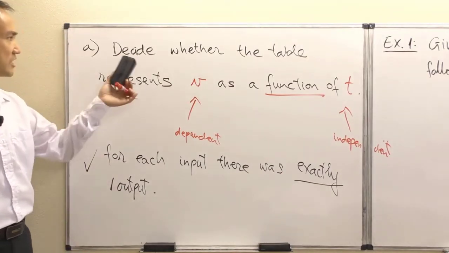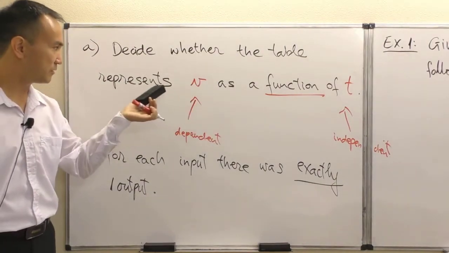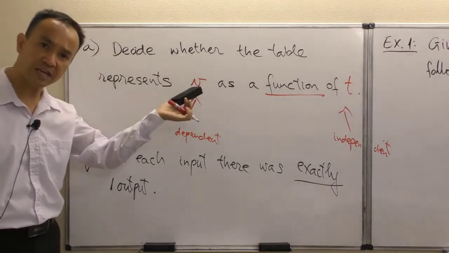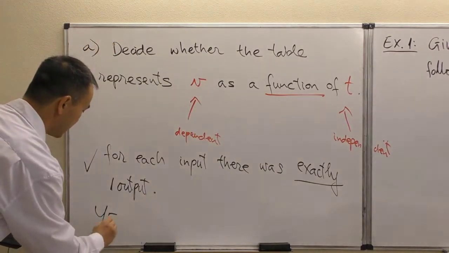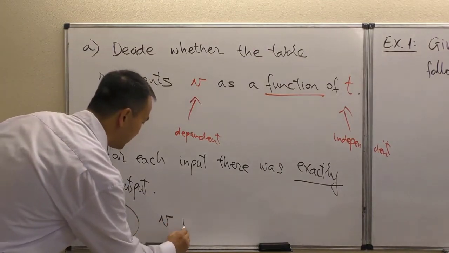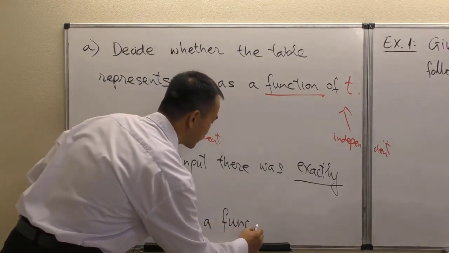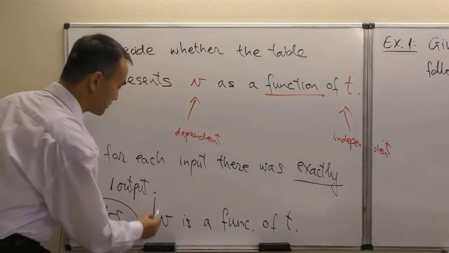So now, deciding whether this same table represents v as a function of t, you can simply say yes, v is a function of t.